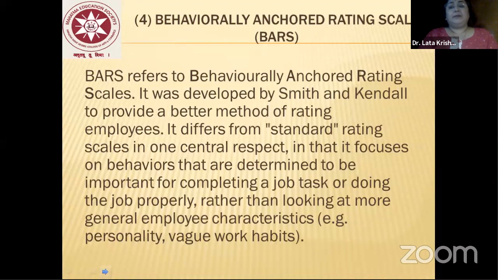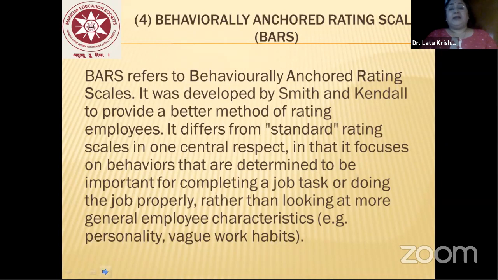Now, let us take an example. Let us take the example of a dentist. A dentist's job, the lady who was appointed as an assistant. If you're going to do a BARS rating scale, you could put in different attributes. One, is regular at work. Second, has the specialized skills to assist the dentist.